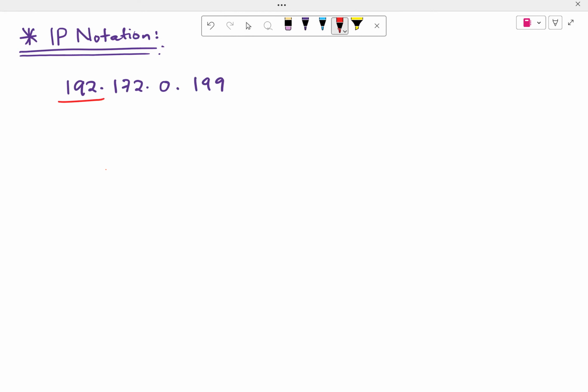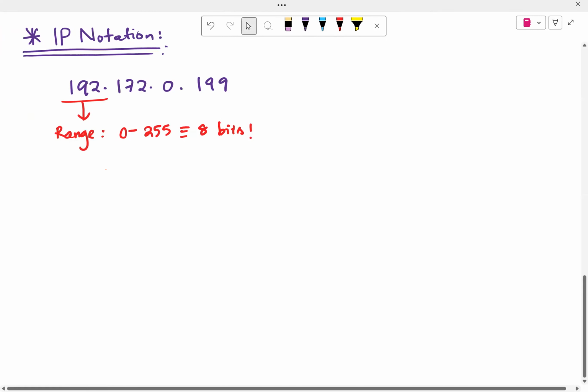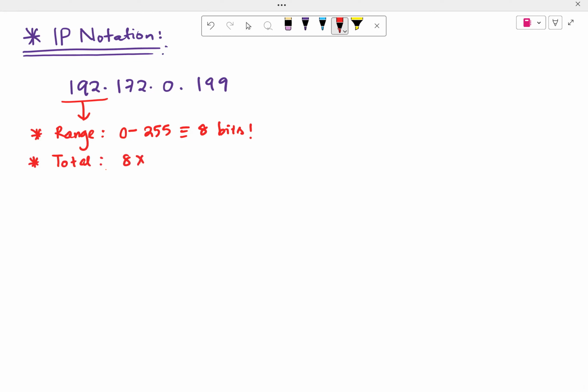Each of these numbers ranges between 0 to 255, and that is equivalent to 8 bits. The total is 8 into 4, that is 32 bits.